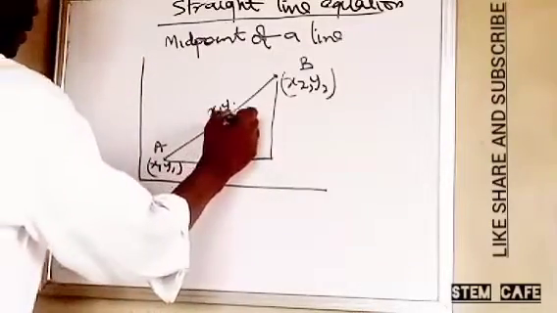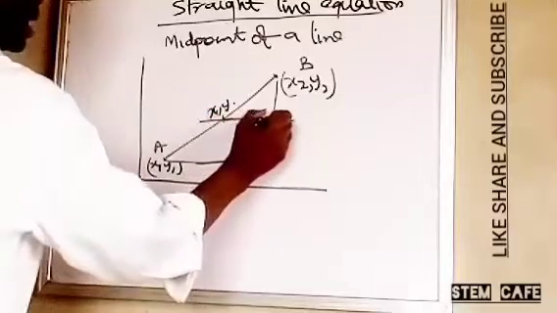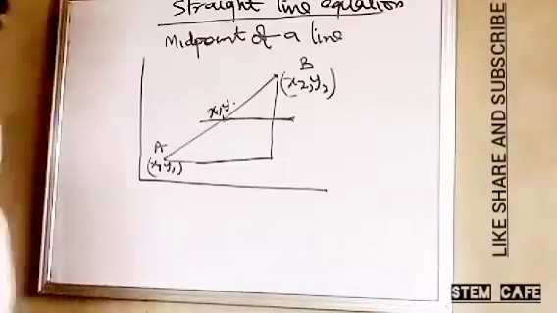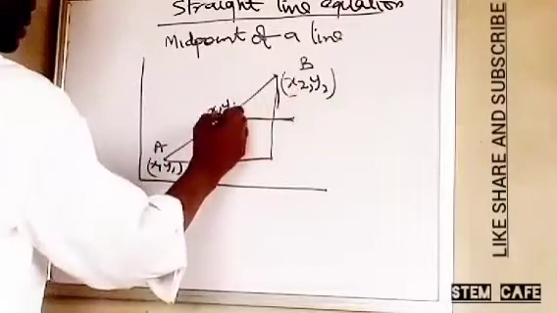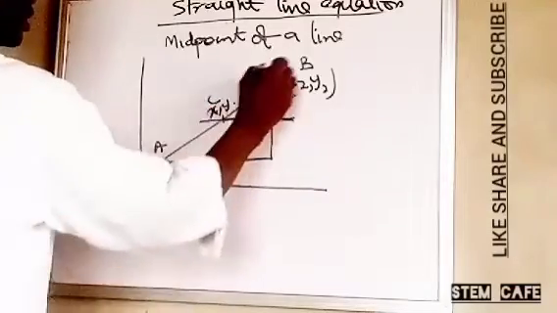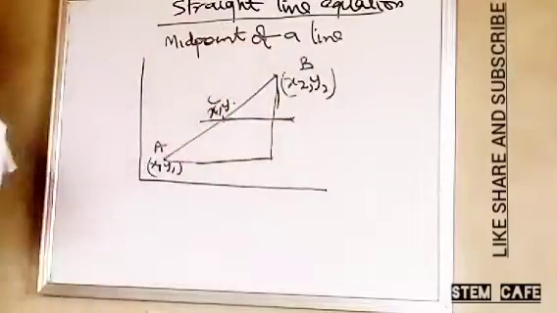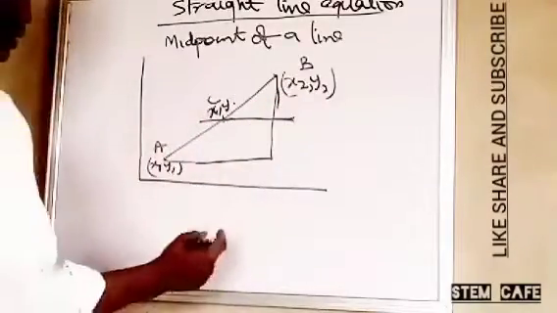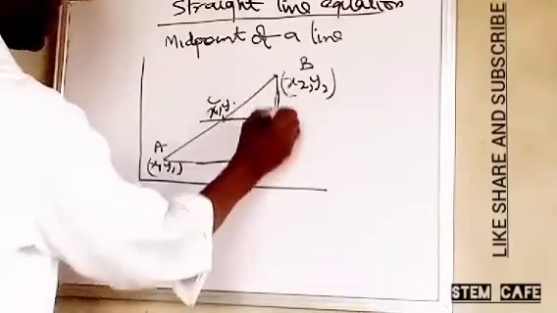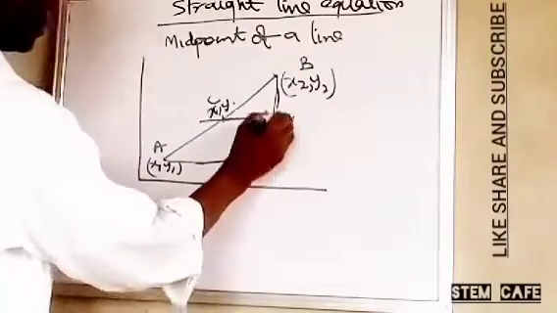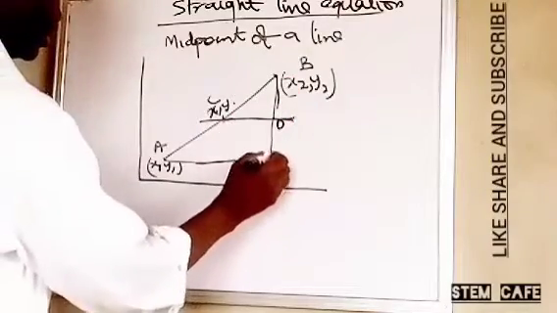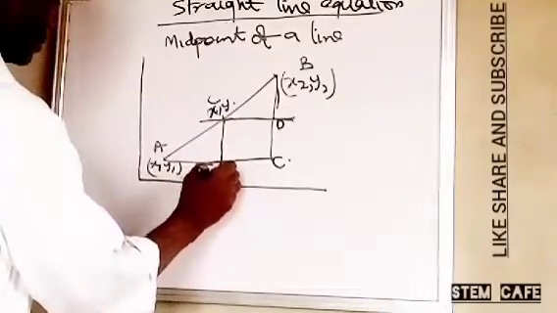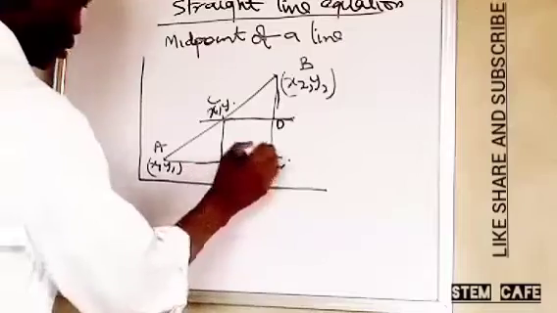If you cut it here, by our construction and knowledge of similar triangles, let's call this place C. AC is equal to CB. In the same vein, from this place to this place, let's call this D. BD is equal to DC. Let's call this place E. AE is equal to EC.